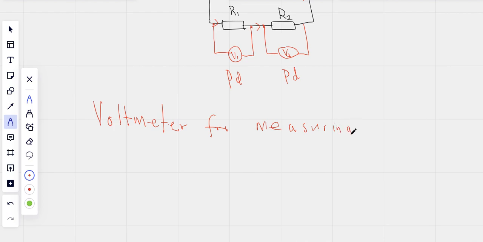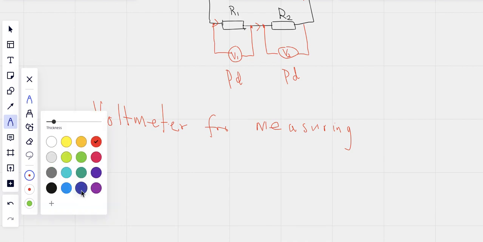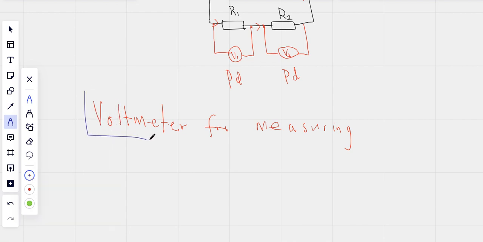We use the voltmeter to measure all of this that we've described in this class.